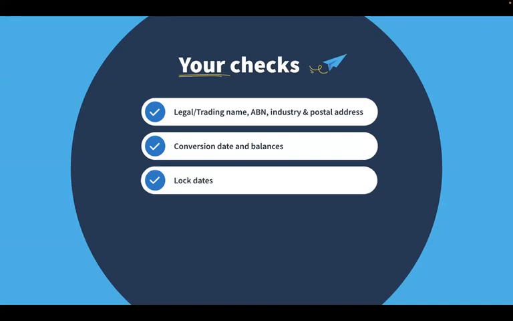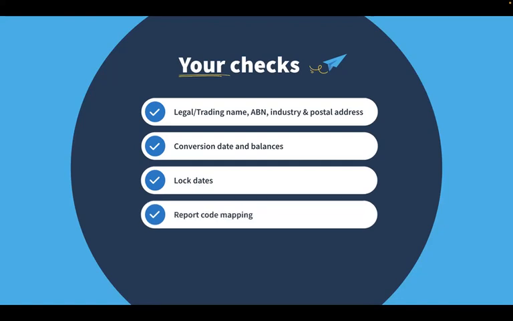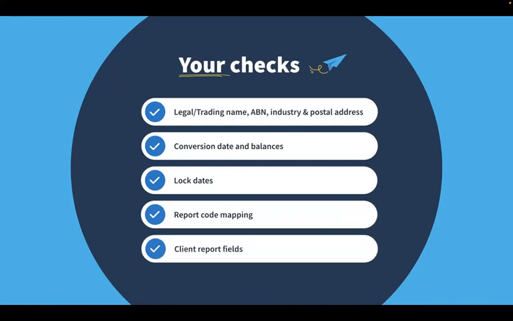We also suggest setting a lock date. So there's 2 lock dates that you can set in Xero, and we'll look at both of them as we move through the steps. And then lastly, we've got report codes. So you've got report code mapping and client report fields. Make sure that they are pulling through to your reports correctly. So that's your client checks and your checks already done. And you can use that checklist to make sure that you've done these checks.